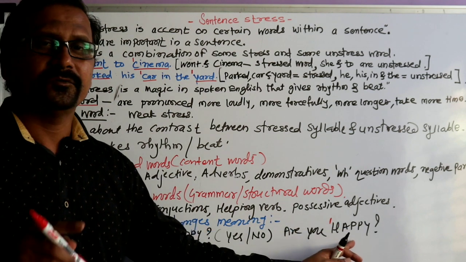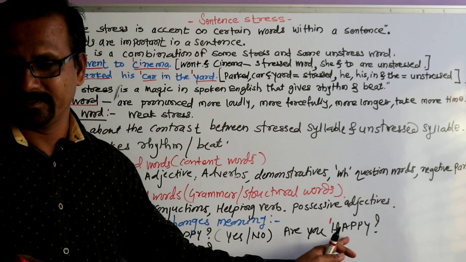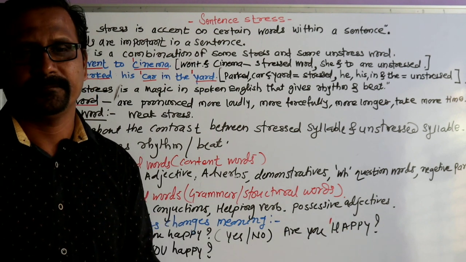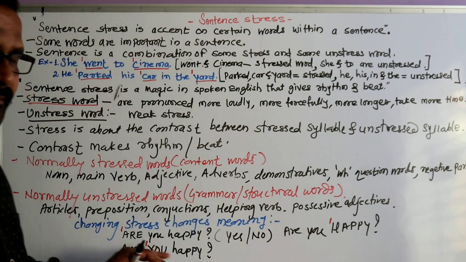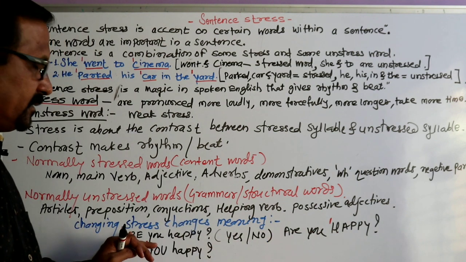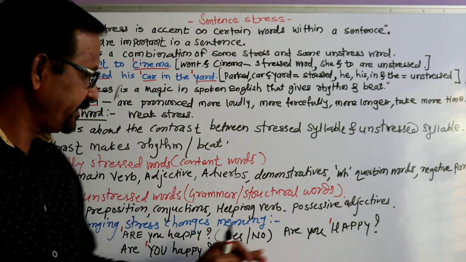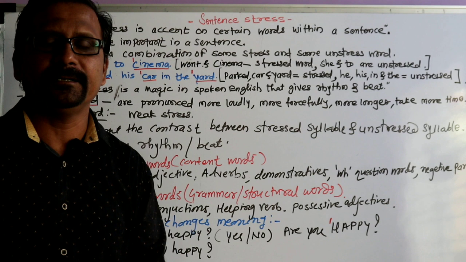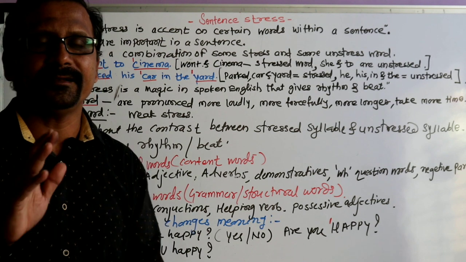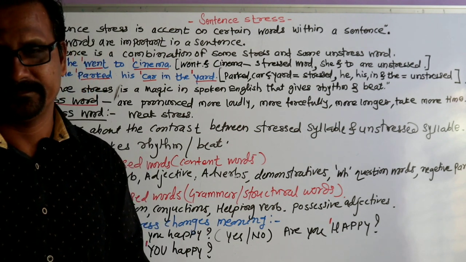So what is the state of mind now? That is the important part here. So if I change the traced word, the meaning is changed. All these examples show that when you change the tracing word, definitely the meaning is changed.